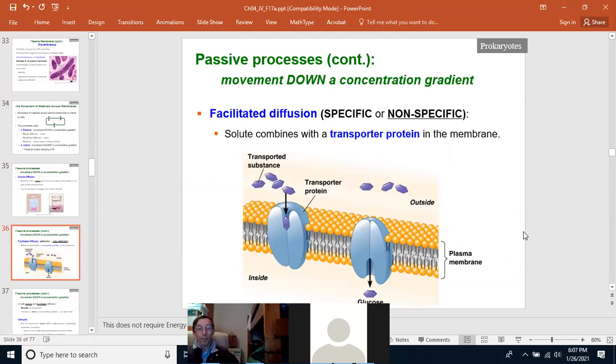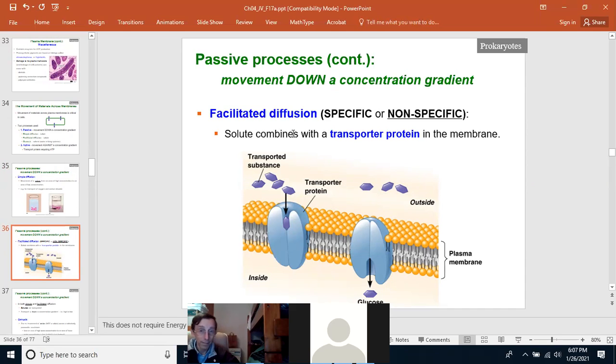Well, passive processes are great, and simple diffusion is great. But what happens when the molecule can't move across the bilayer because of the fatty acid tails on the inside of the bilayer? How do you bring that molecule into the cell? Well, you use a transport protein that acts by facilitated diffusion.